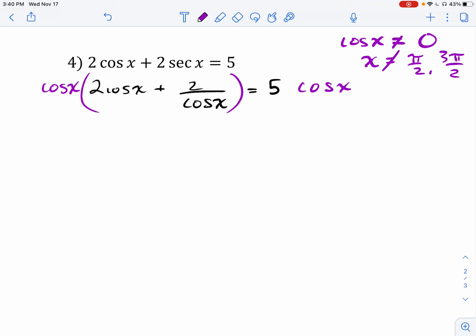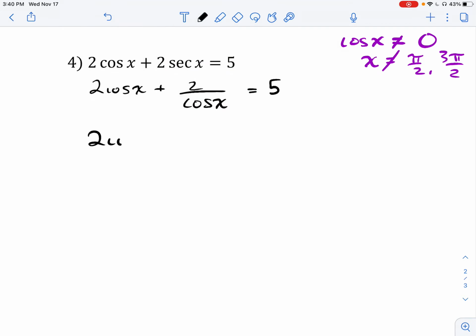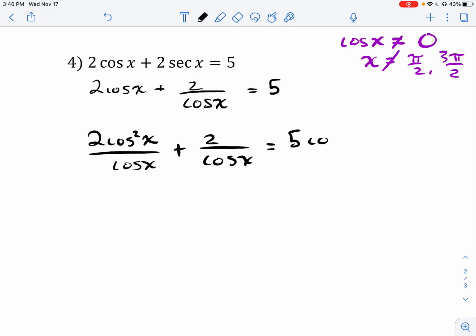And if you're having a hard time seeing that, maybe something that might be helpful is if I just took this and rewrote it as the following. If I said this is equivalent to 2 cosine squared x over cosine x plus 2 over cosine x, and make this 5 cosine x over cosine x.